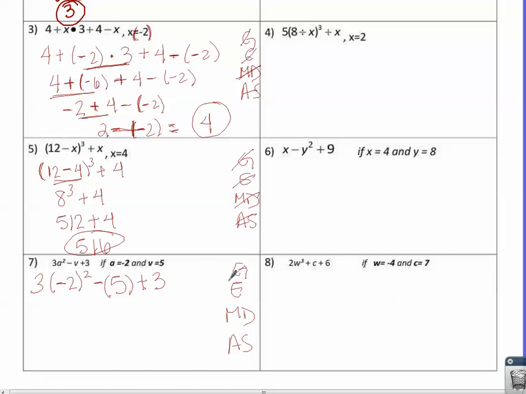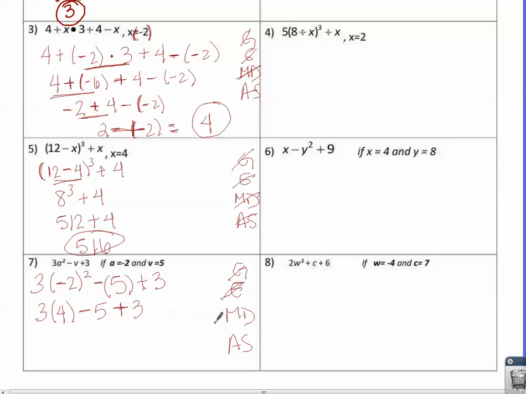There are no groupings, but there are exponents. -2 squared, or -2 times -2, is going to give you a positive 4. Keep your parentheses. This 5 is positive, so I'm going to drop these parentheses. So minus 5 plus 3. So there's no more exponents.